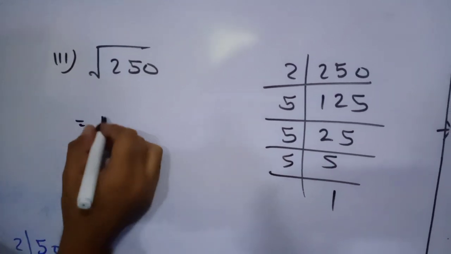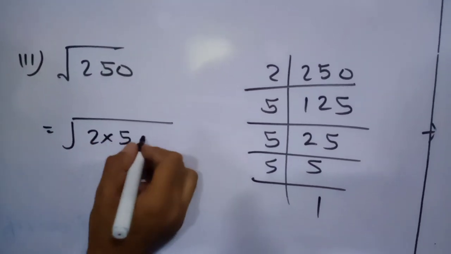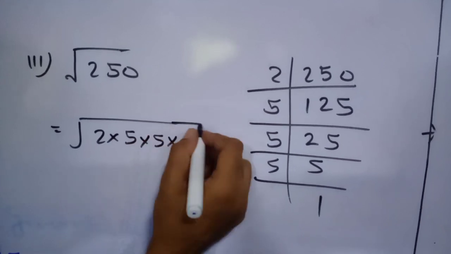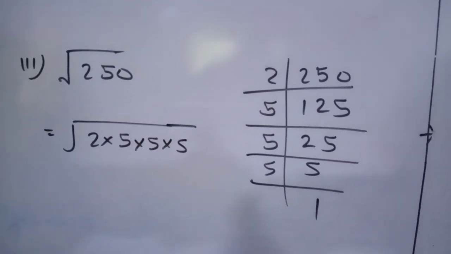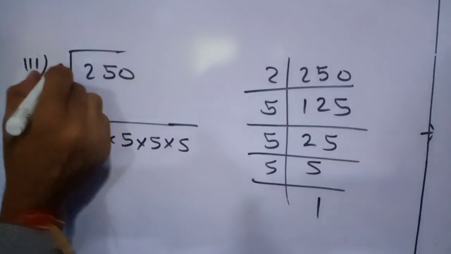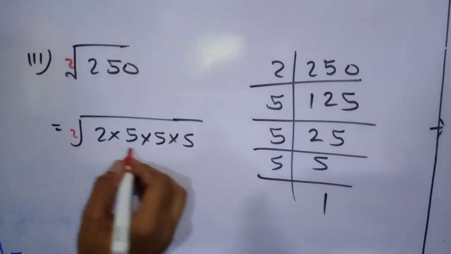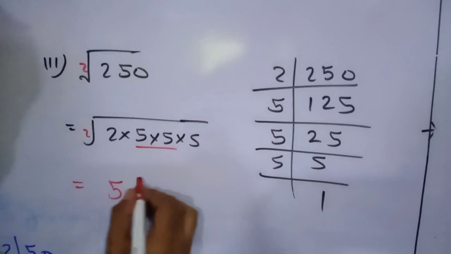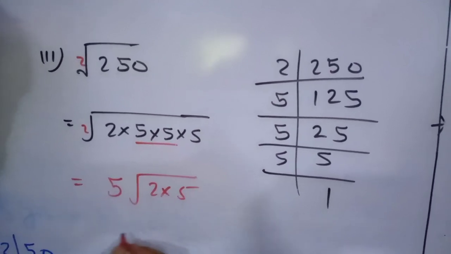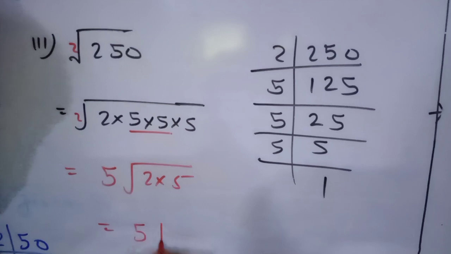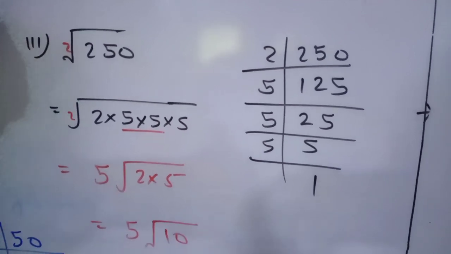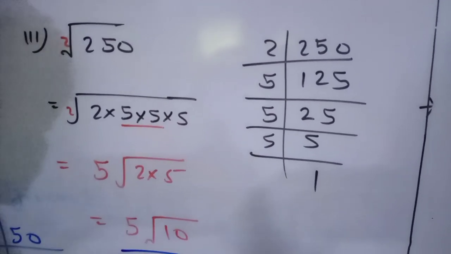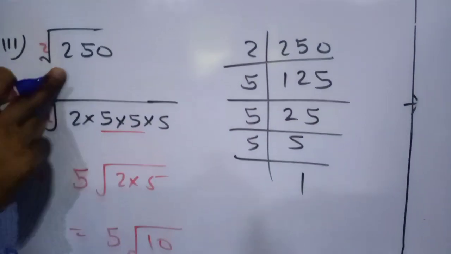So we can write 2 into 5 into 5 into 5. As in the earlier sums, order is 2, so make the pair of 2. So 5 comes out and 2 into 5 remains within the root, 10. So it is the simplest form of root 250.